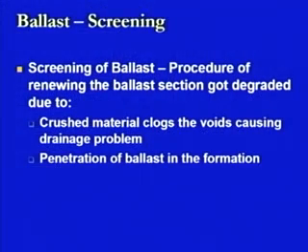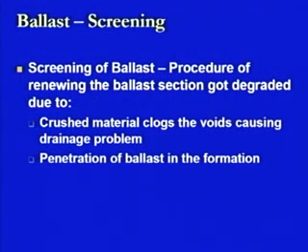So, if there is saturation or flooding, stagnation or ponding of water on the side, then we have to go for renewal.